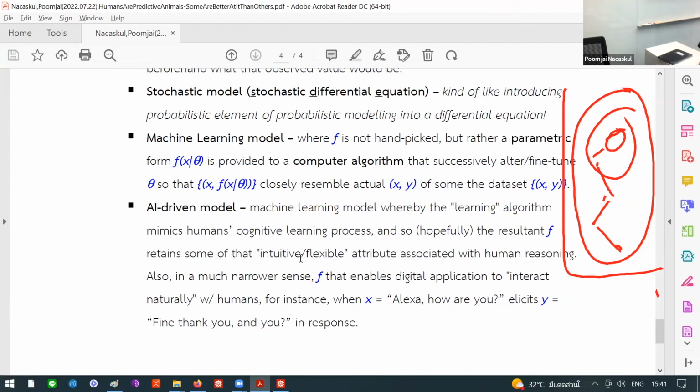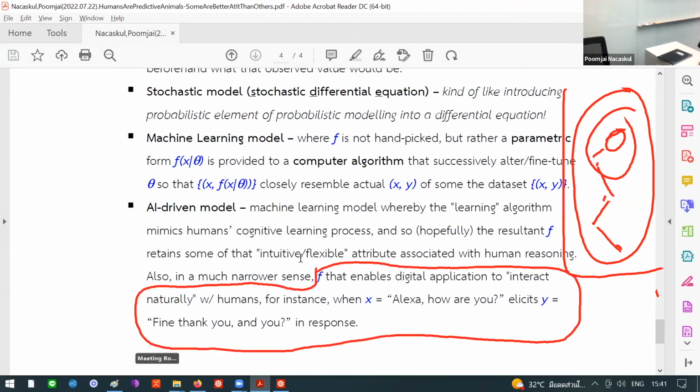Now, finally, we get to this thing called AI-driven model. Now, let me circle here, in a very limited way. When you hear AI, you should say something like, it's an F that somehow helps your digital application work seamlessly or naturally with human beings. So in that case, the only thing you want from the F is to give the behavior of a human.